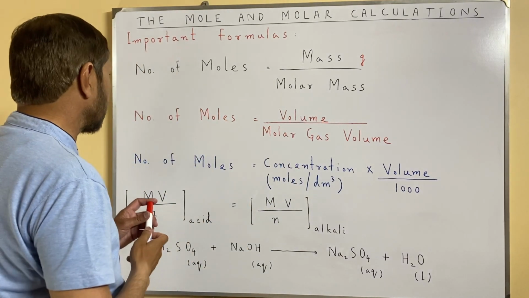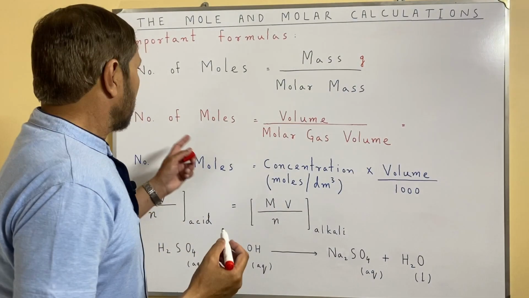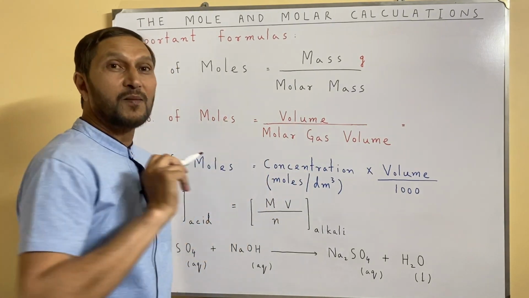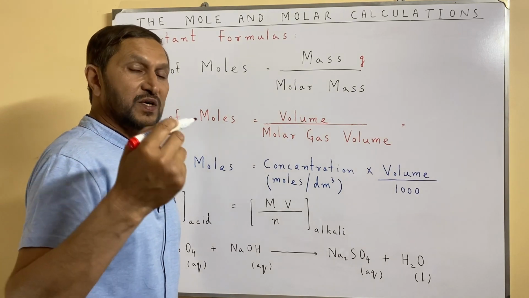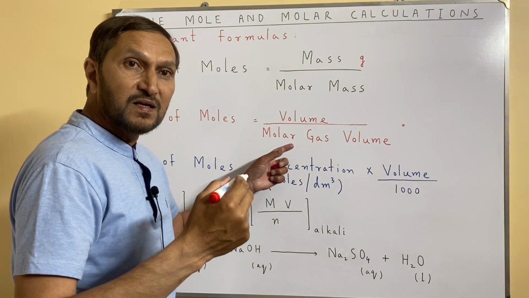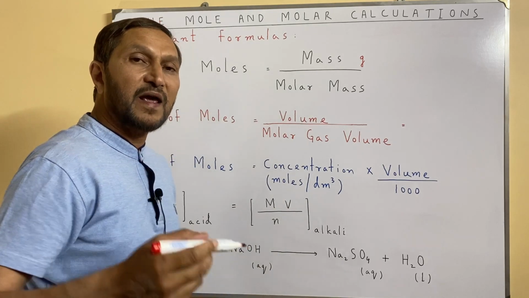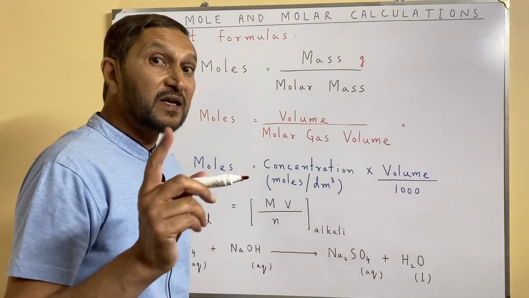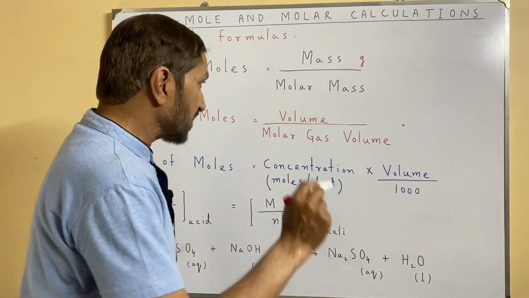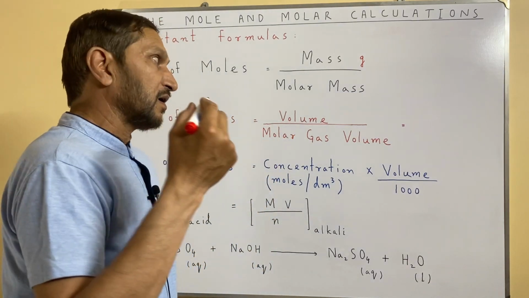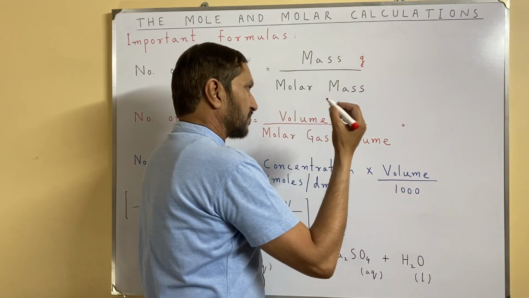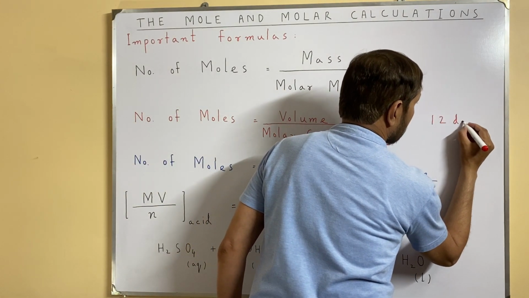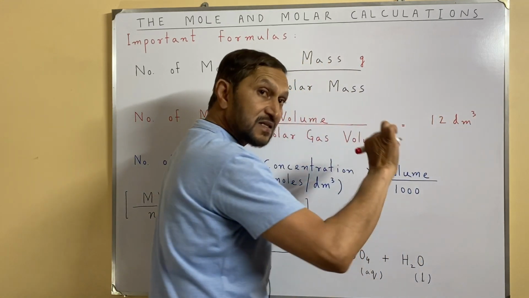Second formula applies for gases. Number of moles is equal to volume divided by molar gas volume. This formula applies for solving questions about gases, for instance oxygen, hydrogen, methane, ammonia, carbon dioxide or sulfur dioxide, any gas at room temperature and pressure. For instance, if the volume of hydrogen gas is given as 12 cubic decimeter, that is a unit, cubic decimeter.